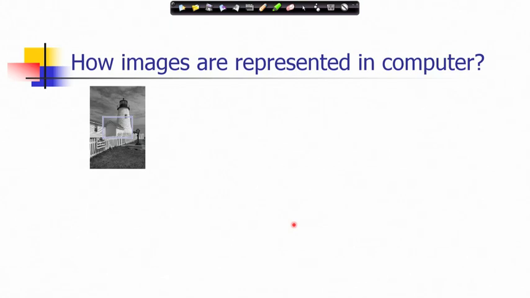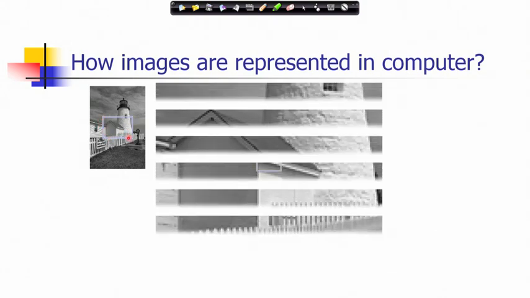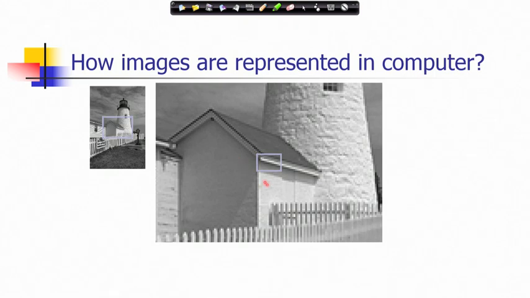Let us consider an image which is displayed on your screen and consider a small portion of the image as shown by this rectangle. If I zoom this portion, you will find the enlarged portion of the image, and you can see that some of the details are more visible here, and certain rectangular regions of pixels are also visible.